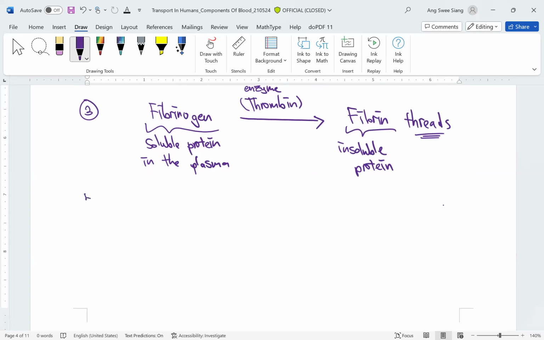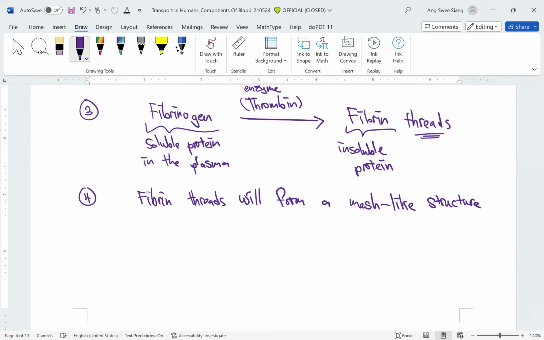Then, step number 4, these fibrin threads will form a mesh-like structure. You can think of it as a net.